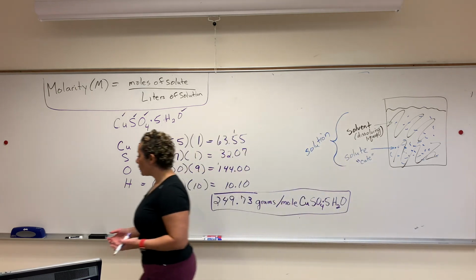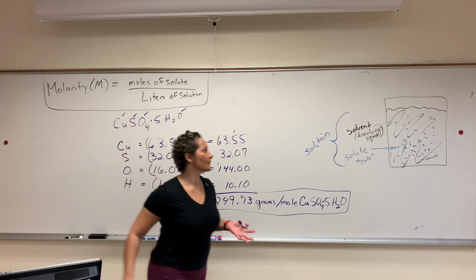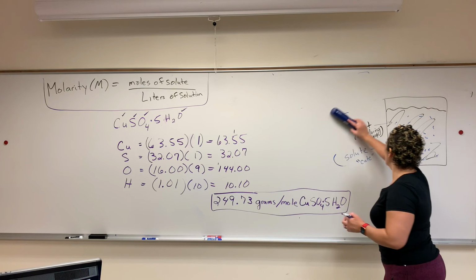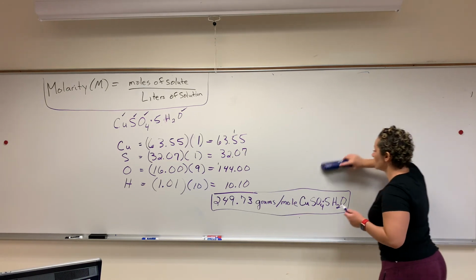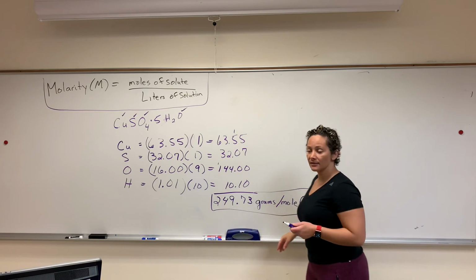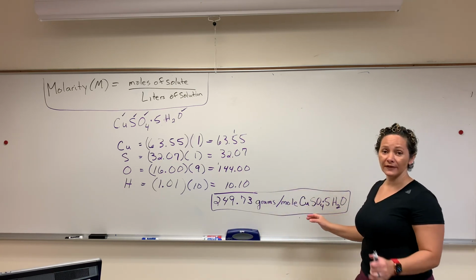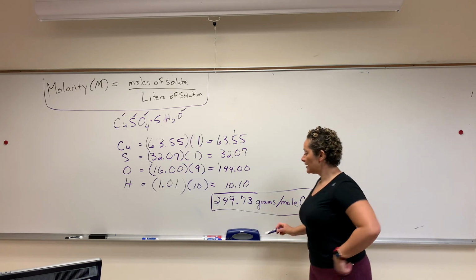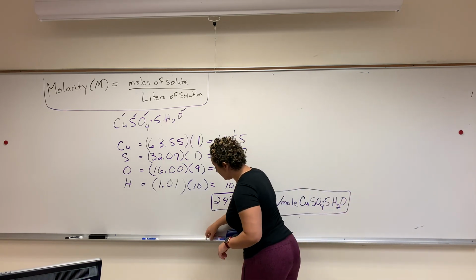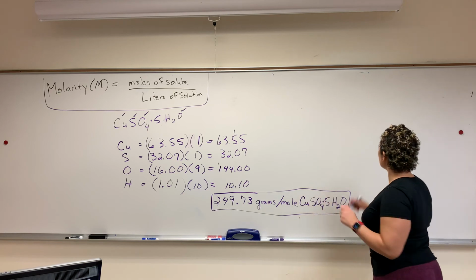I'm going to show you what exactly that means when I'm telling you grams per mole of copper sulfate pentahydrate. You are going to use this to make yourself a conversion factor, which is why I started you on conversion factors last week. So this is saying the same thing.